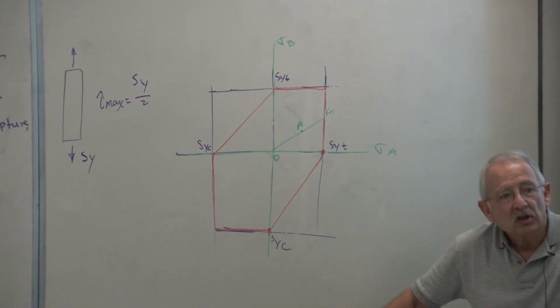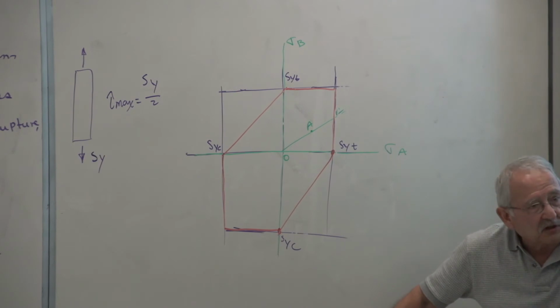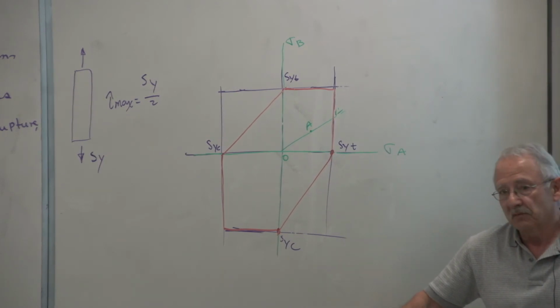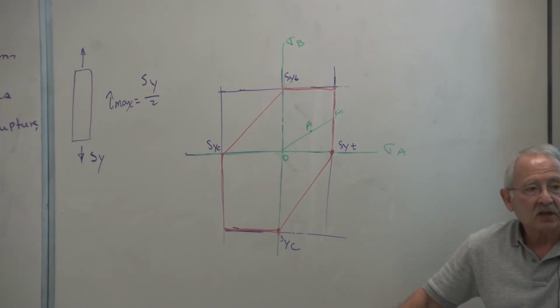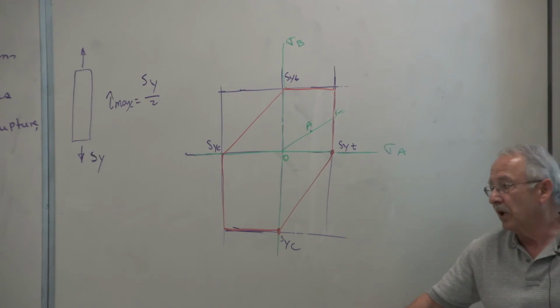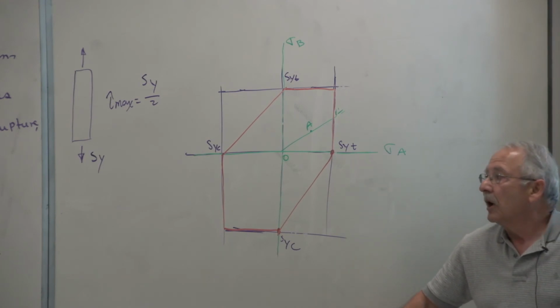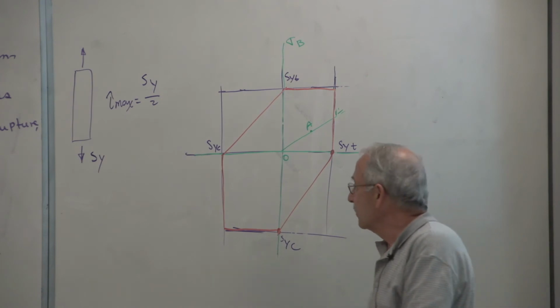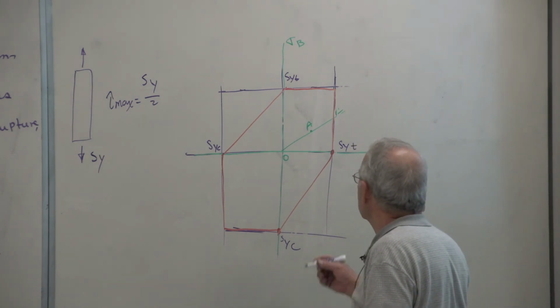the maximum shear stress theory predicts as the safe area. It says if your point falls in this area, then there is safety. If it falls outside of that area, then you have failure. How do you find factor of safety? Exactly the same as before.